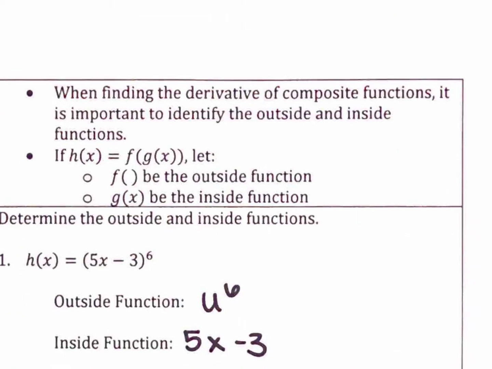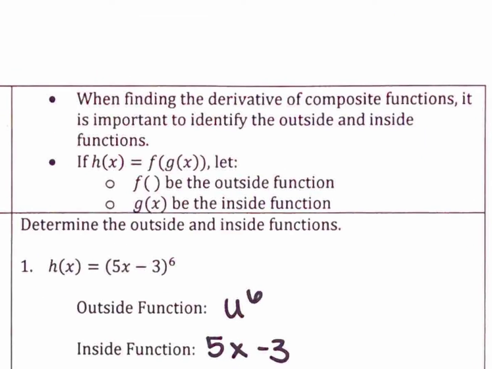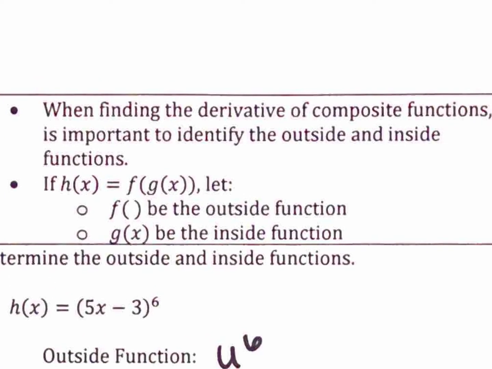Now let's identify composition of functions as to who's being the outside function and who's being the inside function. When we do this, we're going to have to first try to find where the variable x is, and that will typically tell us where our inside function is.